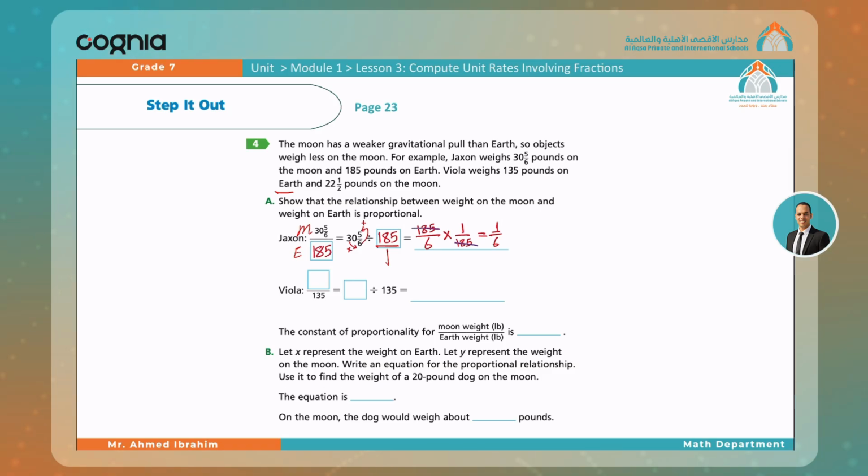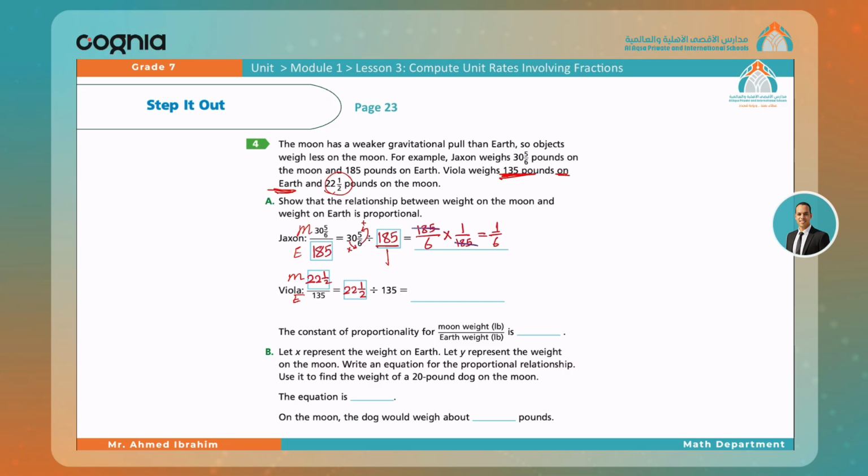For Viola, you need to focus because it stated that 135 pounds is on Earth first. So 135 is on Earth, and 22 and a half is on the moon. So you need to divide the 22 and a half by 135.